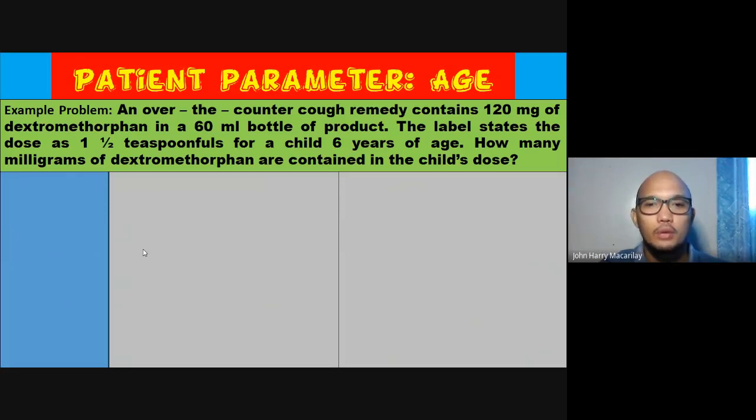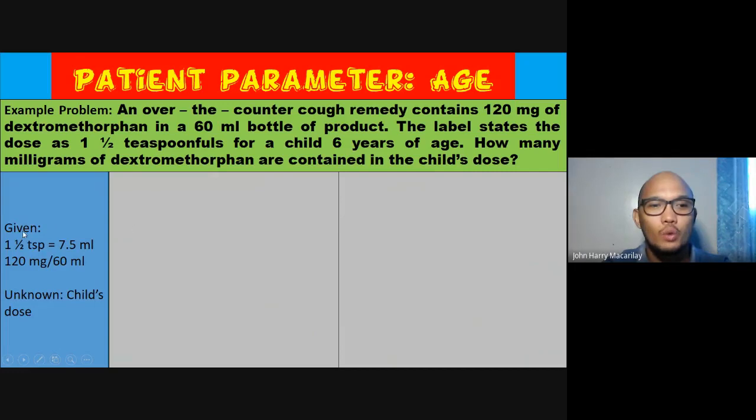So for this particular problem, if we cannot use the reference formula, we can use now dimensional analysis and ratio and proportion for determining now the amount of dextromethorphan that is present in 1 and 1/2 teaspoonful if a preparation in a 60 ml bottle contains 120 milligram of dextromethorphan.